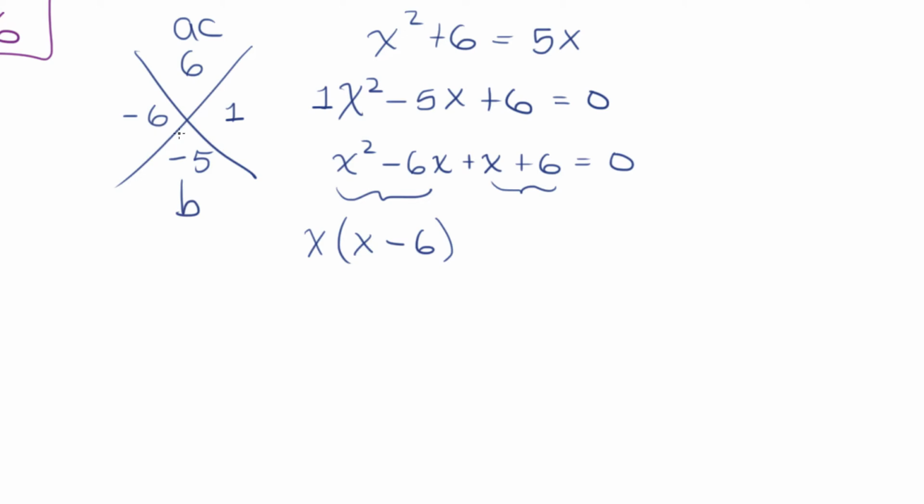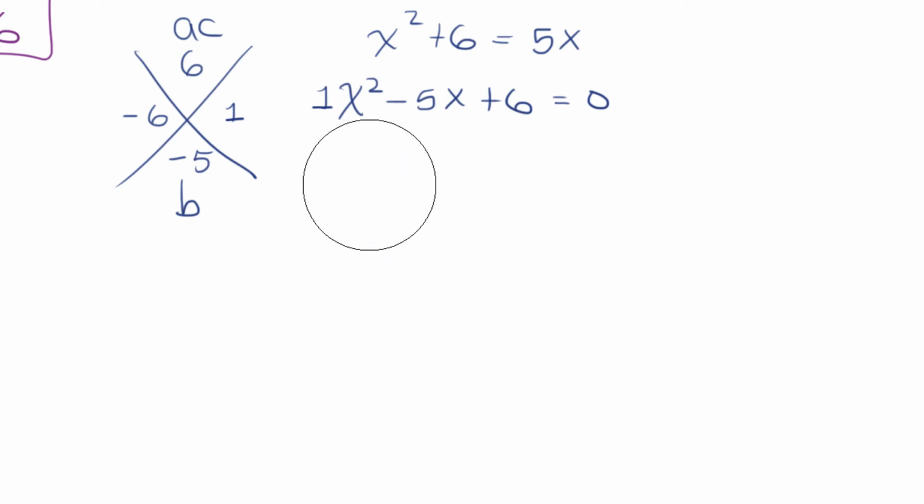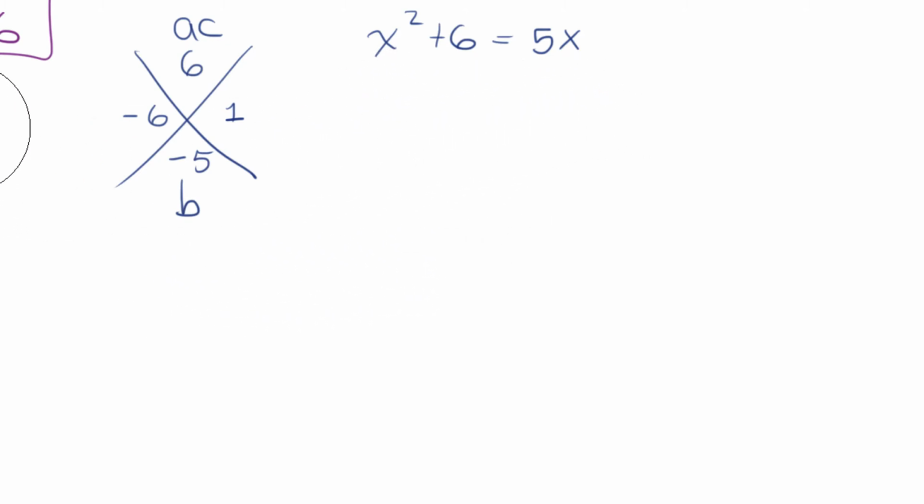Oh, look. Negative 6 and 1 will add to negative 5, but will not multiply to positive 6. So this is incorrect. Now, in the classroom, you guys would have been like, no, Bourne, that's wrong. But since this is not the classroom, I'll have to restart.